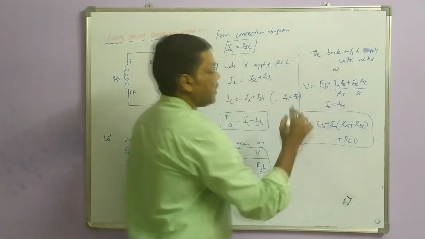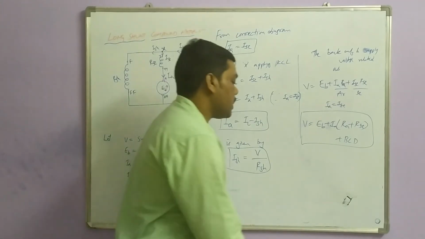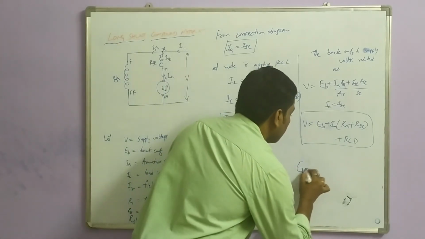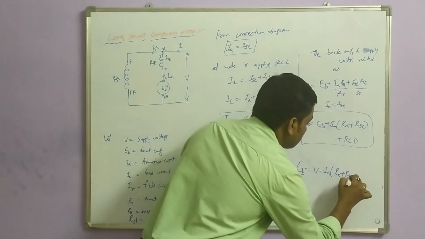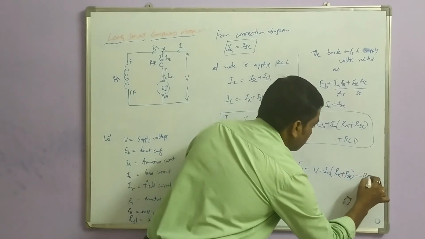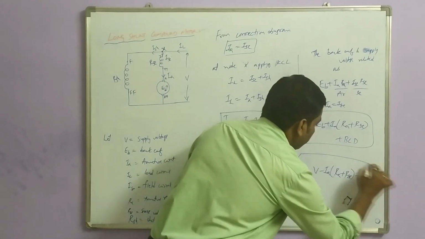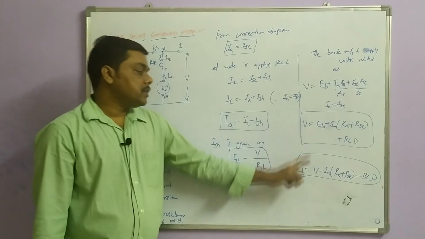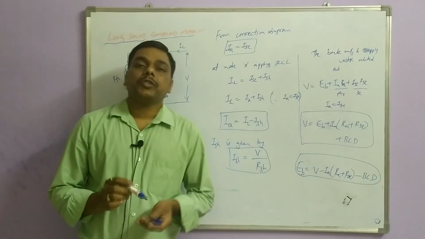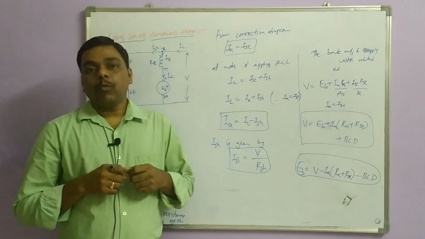Also the back EMF is given by EB is equal to V minus IA (RA plus RAC) minus BCD. These are the relations for voltage and back EMF in long shunt compound motors.